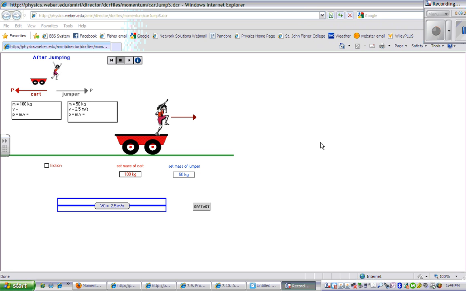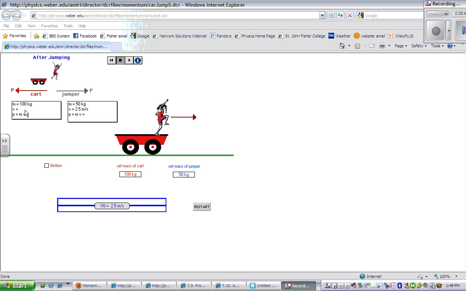Here's an example of a person jumping off a cart. The mass of the person is 50 kilograms. The velocity that they're going to jump off with is 2.5 meters per second. The mass of the cart is 100 kilograms, and we want to solve for the velocity that the cart goes off with. Initially, everybody's at rest on the cart, so the momentum beforehand is 0.